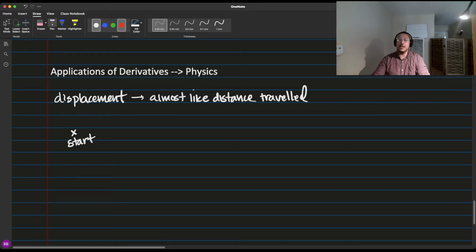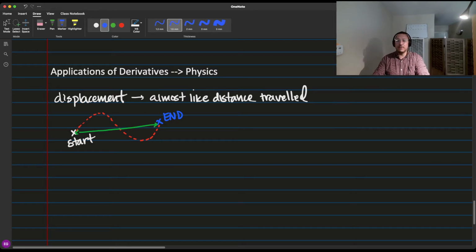So let's say you start right here and you start moving around. Let's say you end right here. Does it make sense that the distance that you travel is like you would put a measuring tape along the path? That's not quite what displacement is. Displacement just measures from here to here in a straight line.